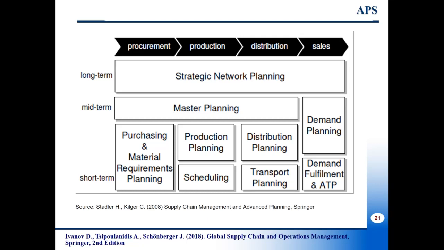It is available to promise. ATP is available to promise, meaning how much cushion we have in our production capacity that can absorb the uncertainty about our demand. And therefore, at a glance, this advanced planning system is more advanced than the ERP system that we have already discussed in the previous slides.